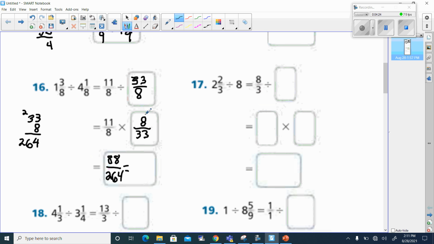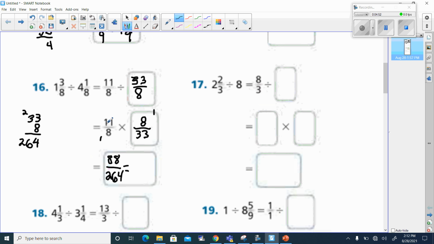I know that 8 and 8, using the butterfly method, I can go ahead and cross these out because I know that they're both divisible by 8. So if I cross them both out, 8 divided by 8 would be 1, and 8 divided by 8 would be 1. And those 8s wouldn't be there anymore. And then I could do the same thing here because 11 and 33 are both divisible by 11.